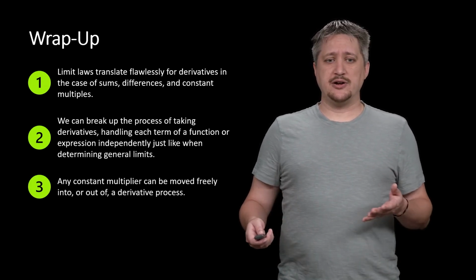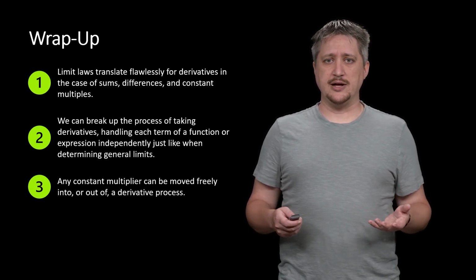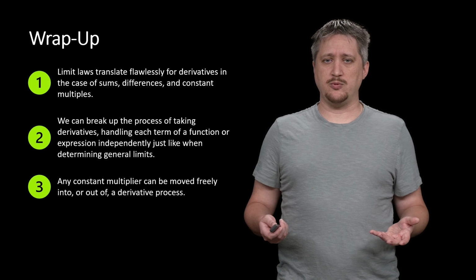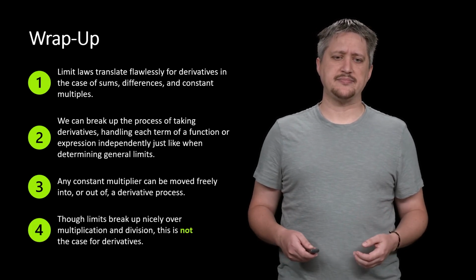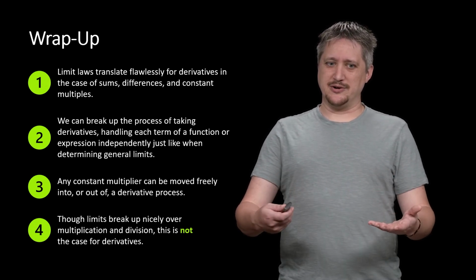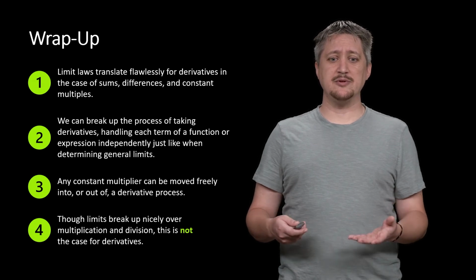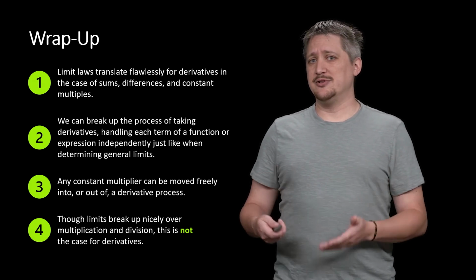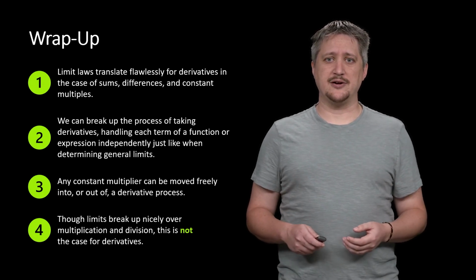We also saw constant multipliers. They can be moved freely in and out of derivatives as well, because they work with limits. It's the same thing for limits, same thing with derivatives. But looking forward, all of this works nicely because the limit laws work nicely. Limit laws work nicely with multiplication and division, with a little bit of an asterisk there.